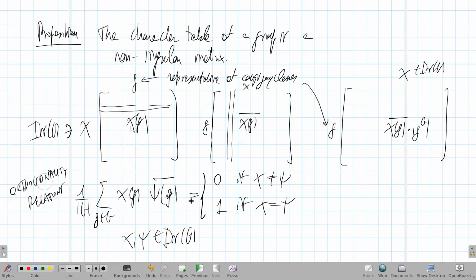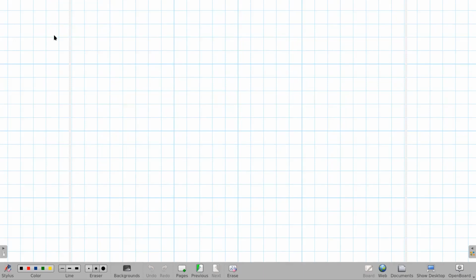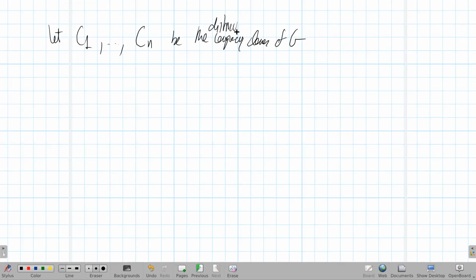So, okay, let's rewrite this. Let C1, ..., Cn be the distinct conjugacy classes of G, a partition of G. And let Ci be the conjugacy class of gi, where gi is an element of the conjugacy class.